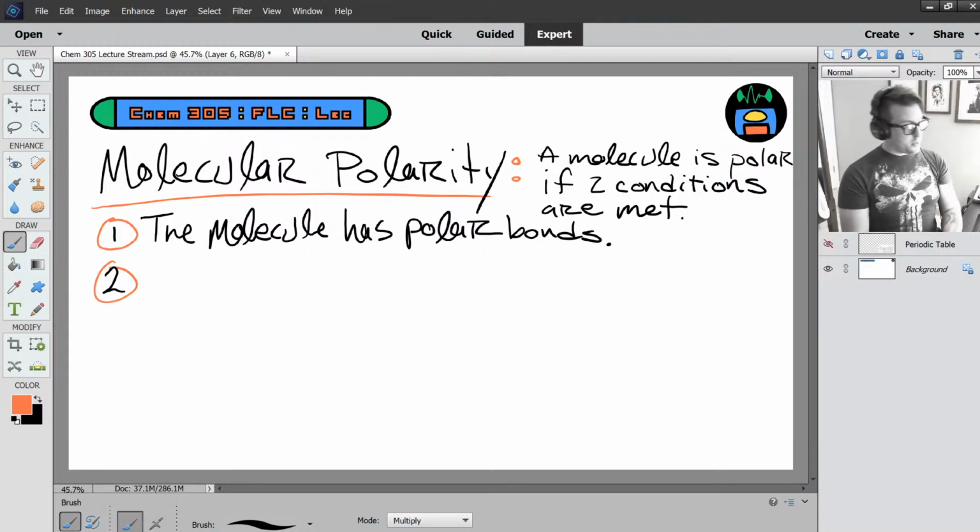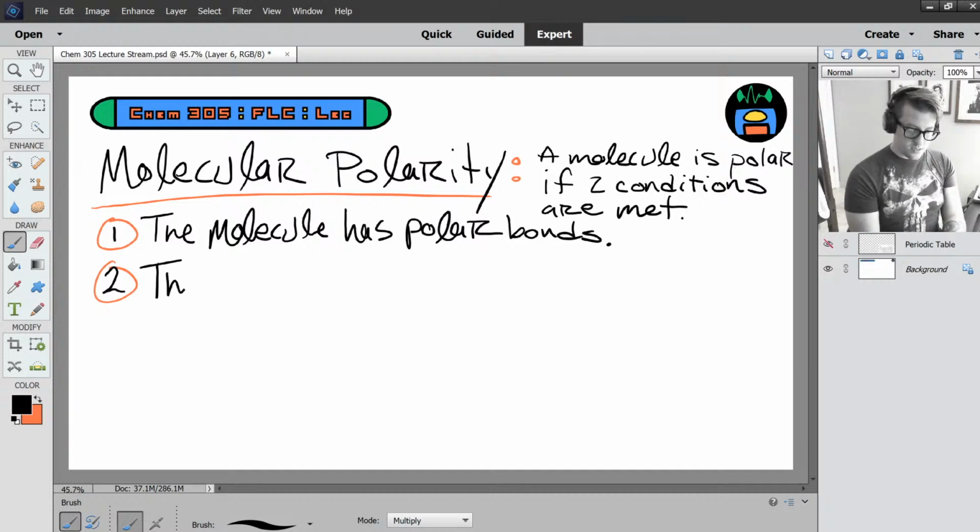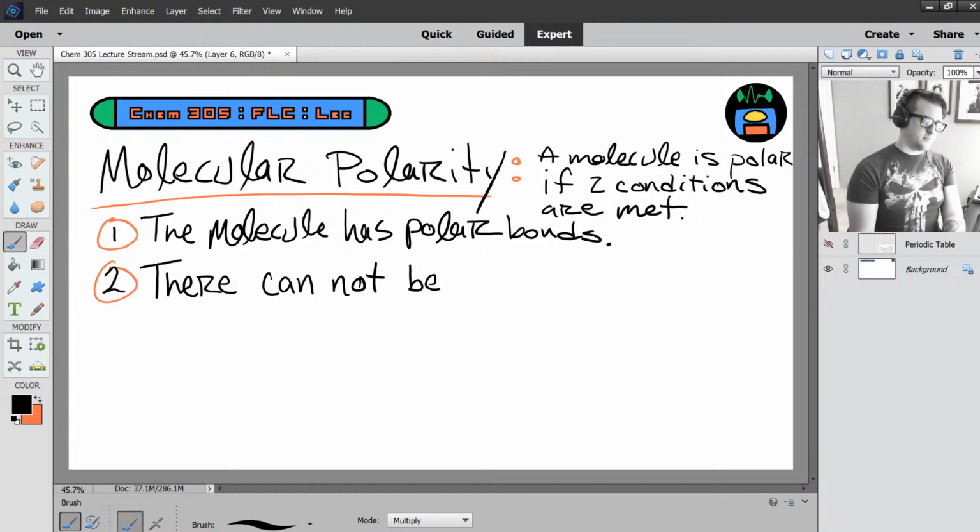The second thing that the molecule needs to have in order to be polar, or needs to not have, is there cannot be identical groups, or actually, it's a horrible way to say this. Let me put it this way.